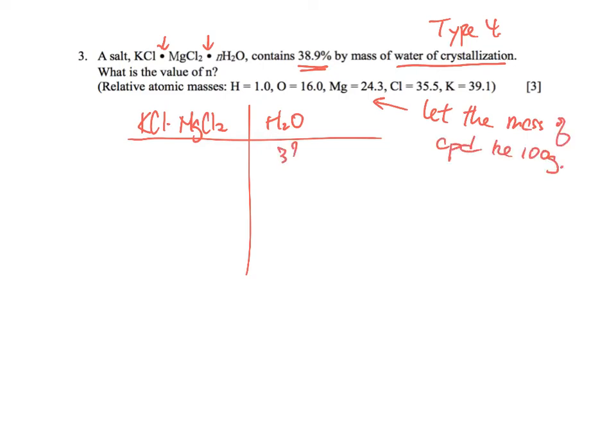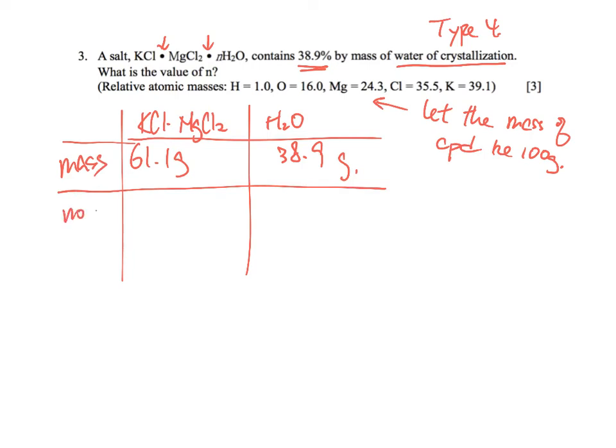So this one will automatically be 61.1 gram. Remember mass, don't be lazy for this part. If you use 100 minus 38.9, that would be even better, but I'm lazy.